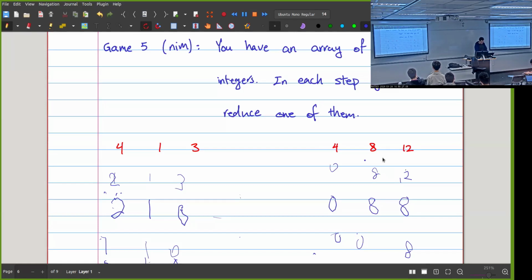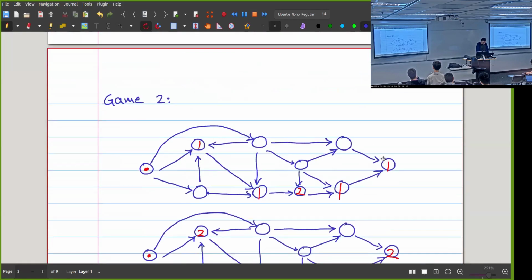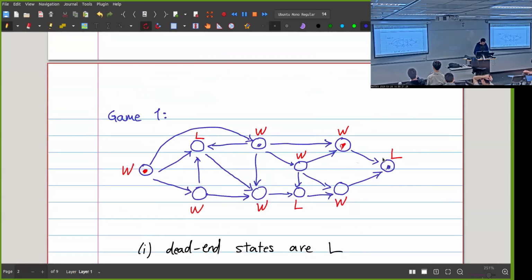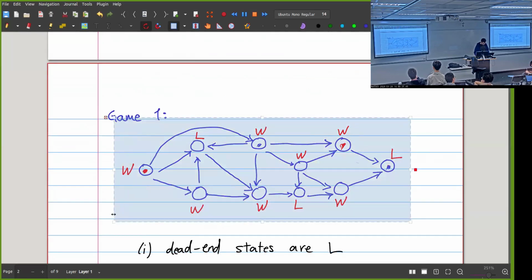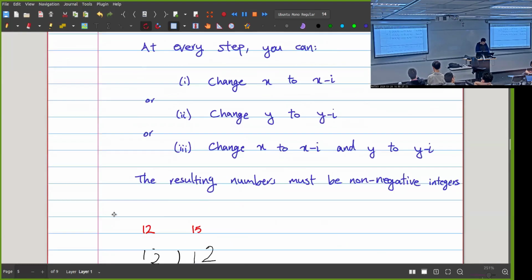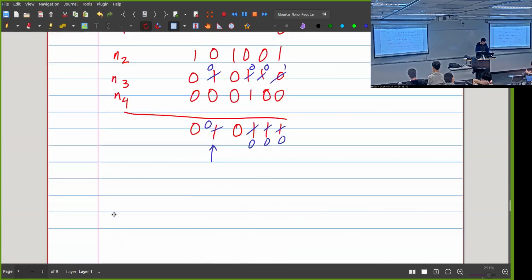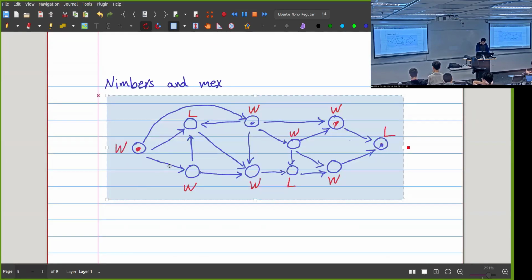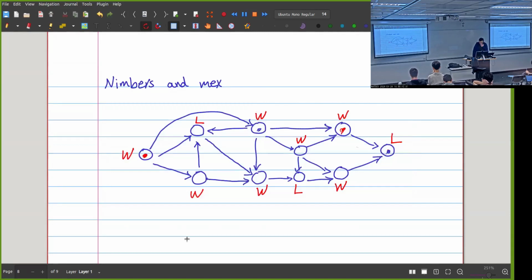Okay. So let's take this game, and let's turn it into NIM. What we're going to do here is assign a number to each one of the vertices of this game.